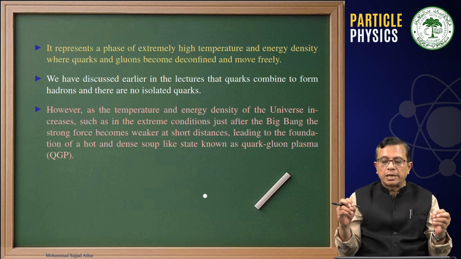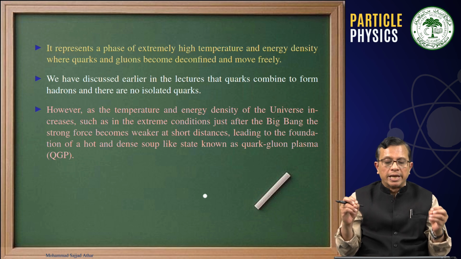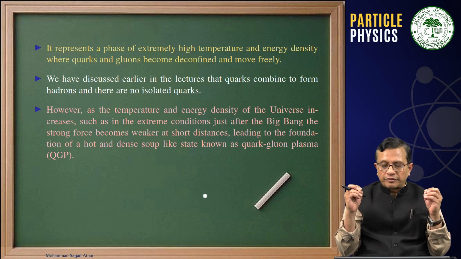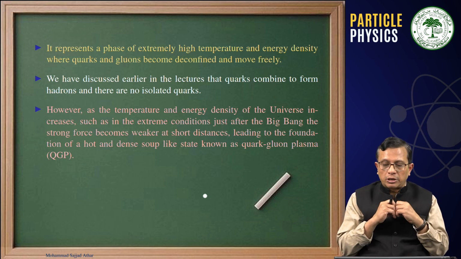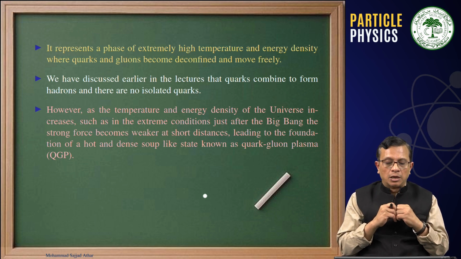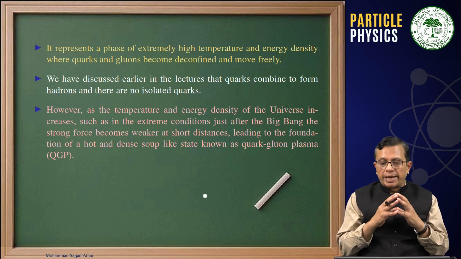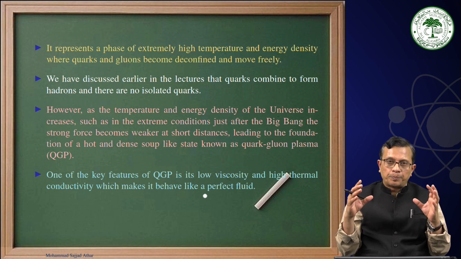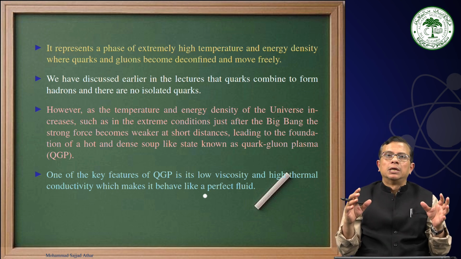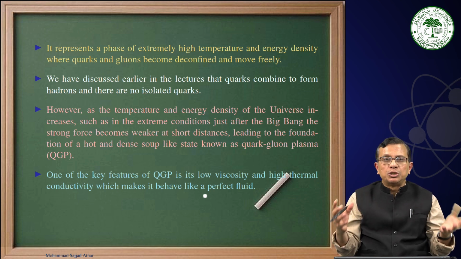However, as the temperature and energy density of the universe increases, in the extreme conditions just after the Big Bang, the strong force becomes weaker at short distances, leading to the formation of a hot and dense soup-like state known as quark gluon plasma, or in literature it is better known as QGP.